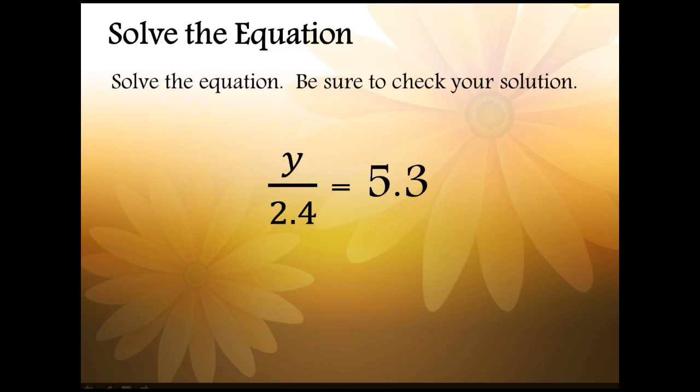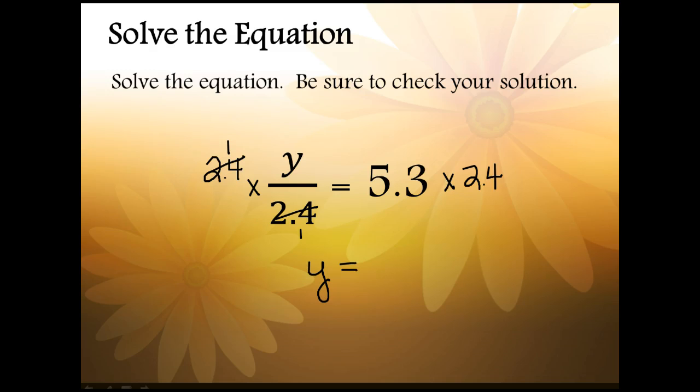We have y divided by 2.4 equals 5.3. The fact that we have decimals does not change anything about the process. I still need to isolate the variable, and to do that, I will multiply both sides of the equation times 2.4. Then I will cross cancel the 2.4's and they become 1's, and that leaves me with 1 times y, or y.